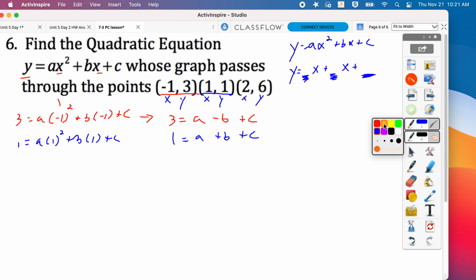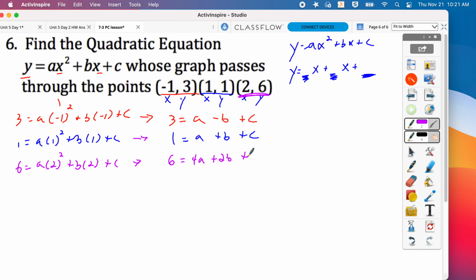Then lastly, I'm going to take these 2 points again, plug them into x and y. And I get these 3 equations.